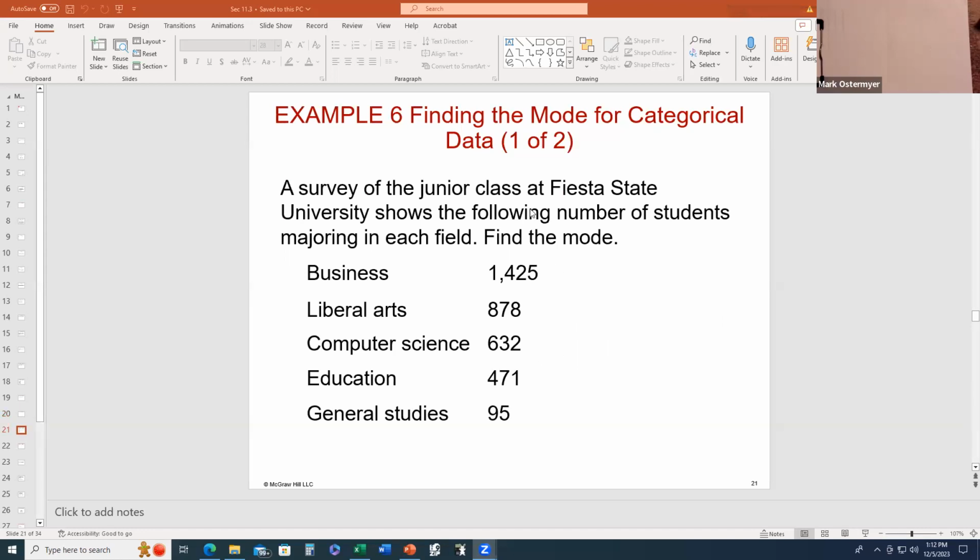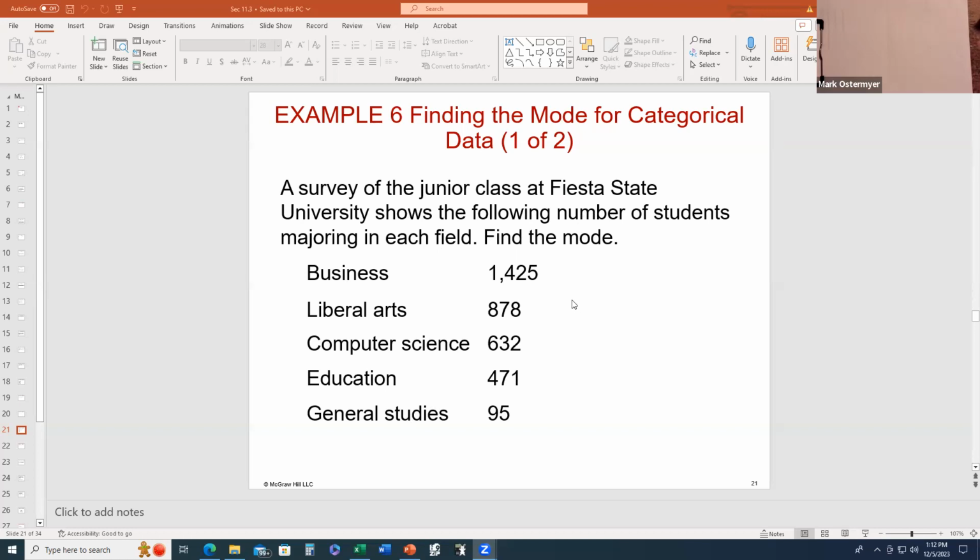A survey of the junior class of Fiesta State University shows the following number of students majoring in each field. What if we have categorical data like this, where we have frequency counts for various categories? What would be the mode here? What category occurs most frequently?